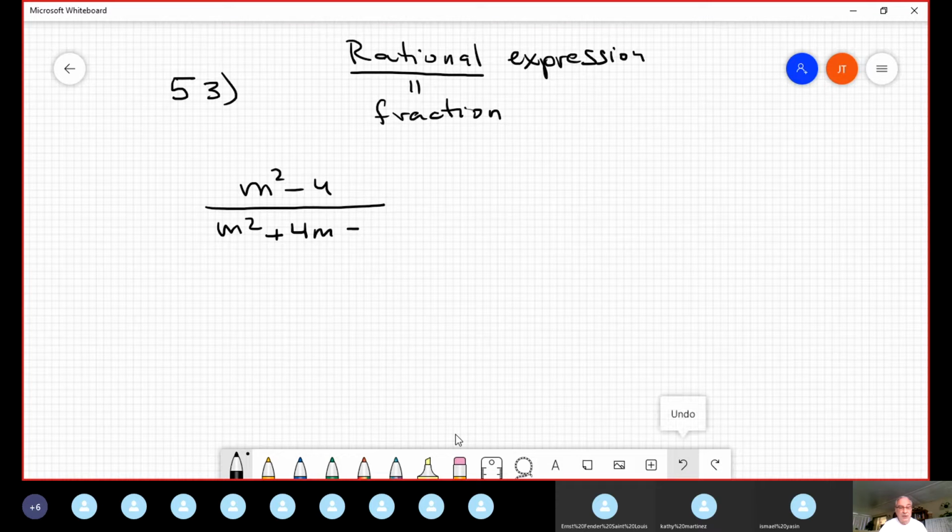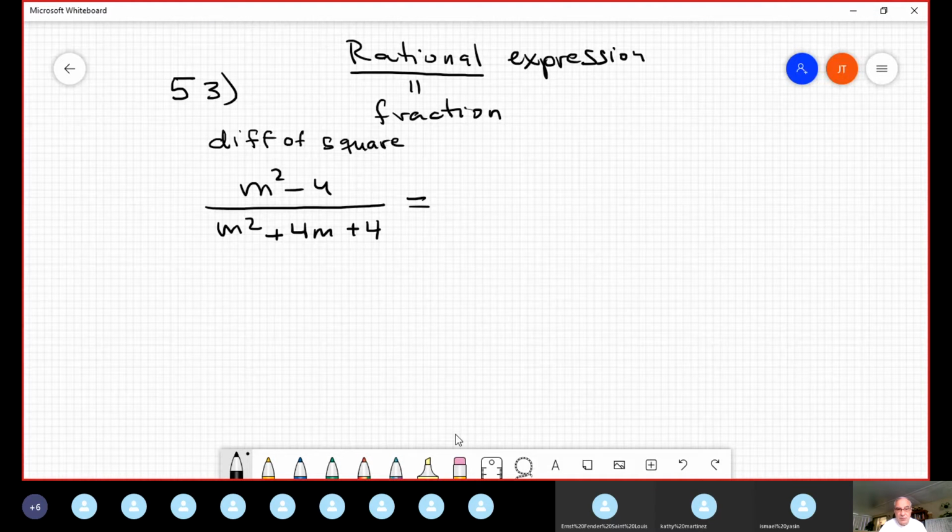I try to simplify, reduce to lowest terms this fraction using factorization. In the top we have a difference of squares. Binomial.